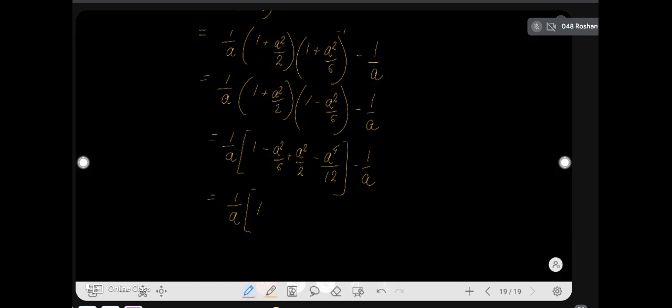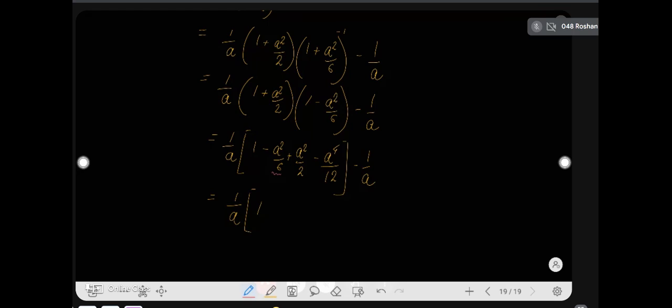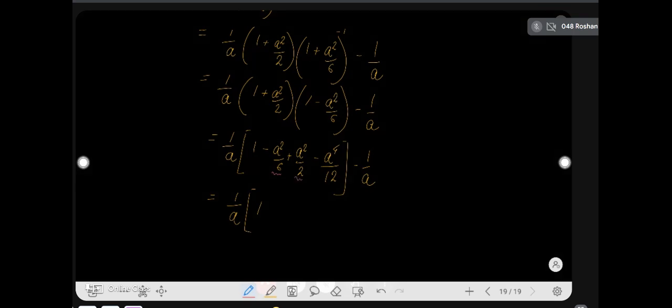Minus a square by 6 plus a square by 2. Same form, same terms: a square by 2 minus a square by 6. This is equal to, 2 into 3, 3a square minus a square, so 2a square by 6, that is equal to a square divided by 3.